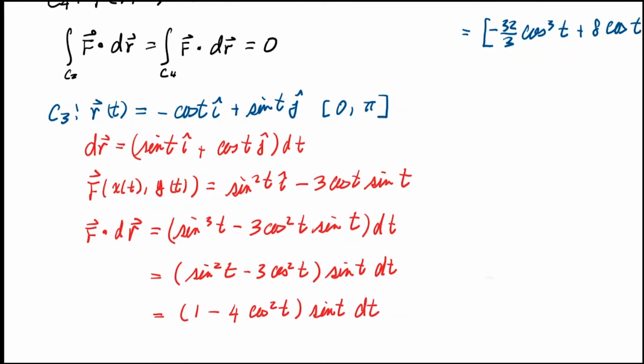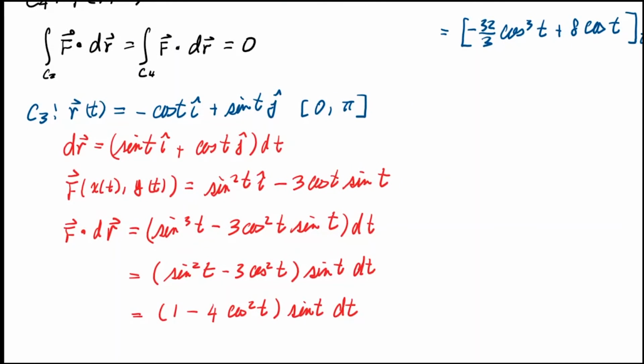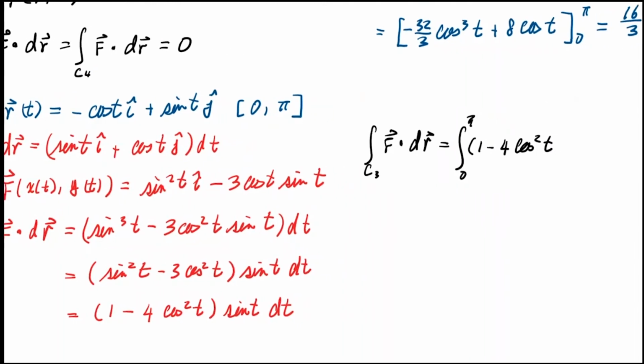Okay, now we shove it in. The integral over C3 of f dot dr becomes the integral from 0 to pi of 1 minus 4 cosine squared t, sine t dt. With me?